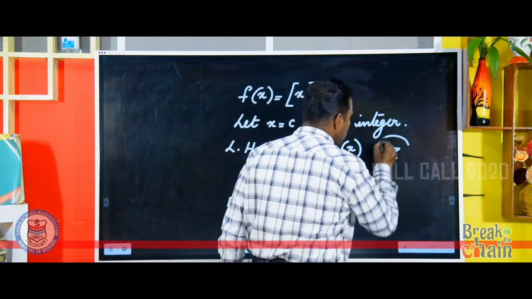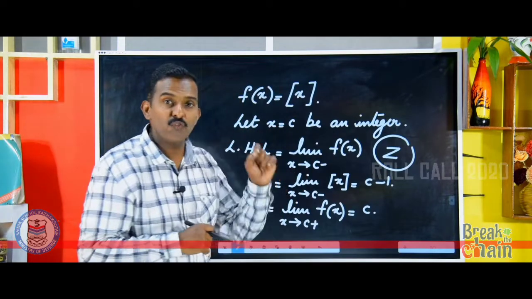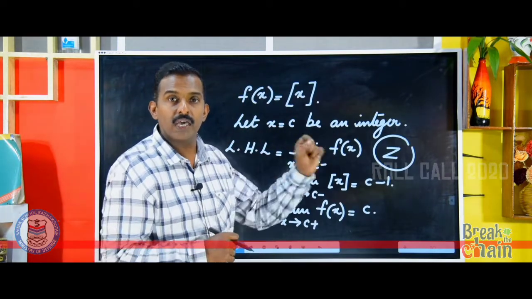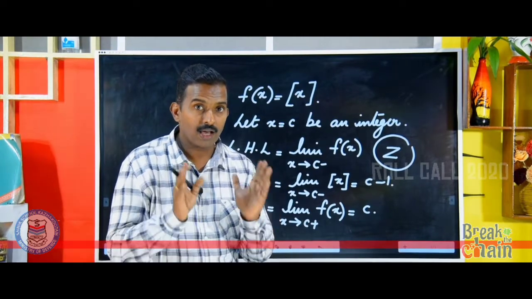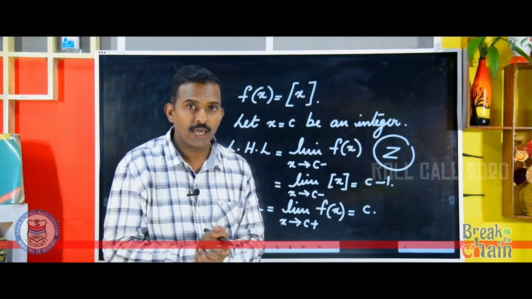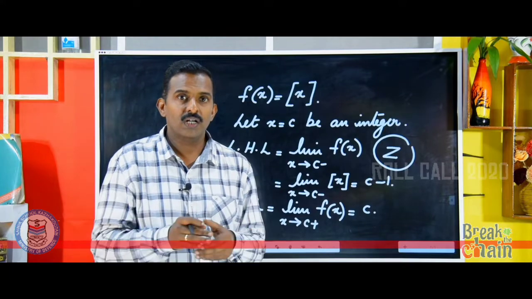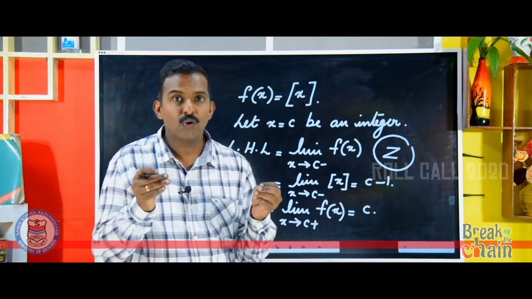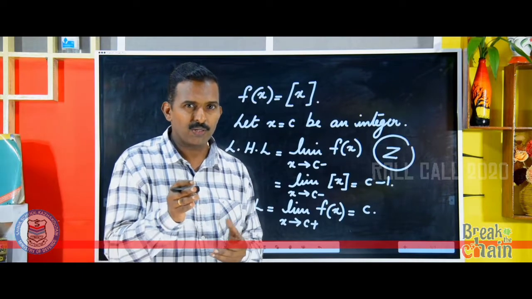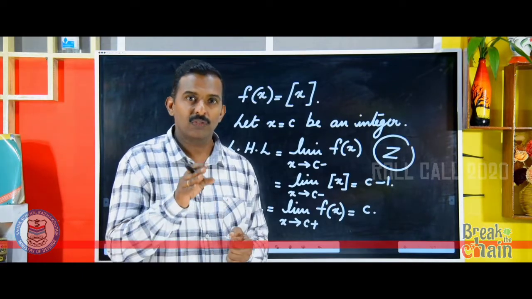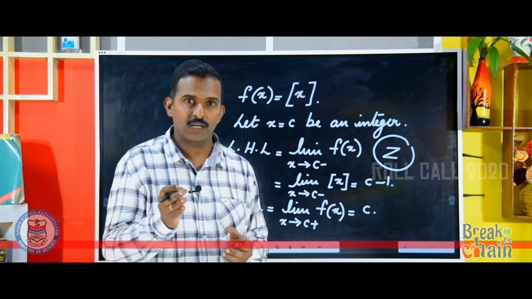The greatest integer function has infinite points of discontinuity. Every integer is a point of discontinuity, but other points are continuous. If you take the greatest integer function at the point c equal to 3.2, it is continuous, because at 3.2 the LHL is 3, and the RHL is also 3.